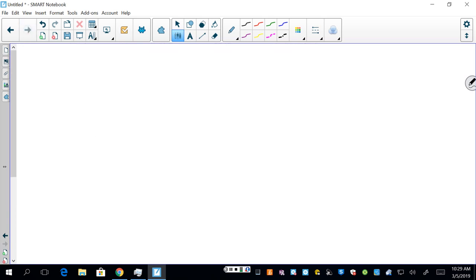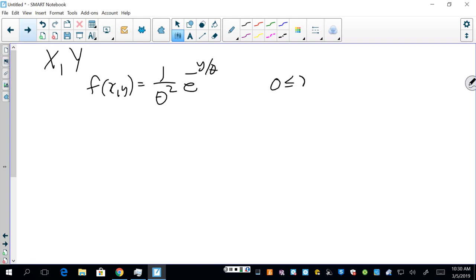So let's look at another density. This is kind of related. So we're going to have two variables, x and y, and the joint density of x and y is 1 over theta squared, e to the negative y over theta, where 0 is less than or equal to x less than y less than infinity.